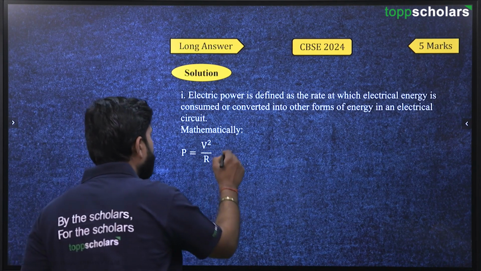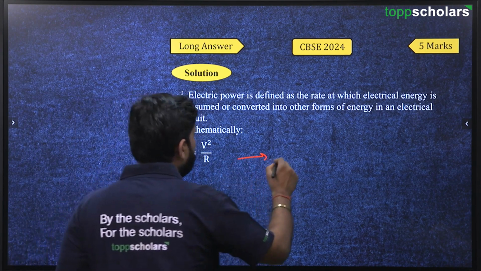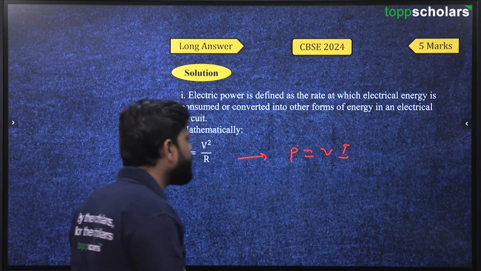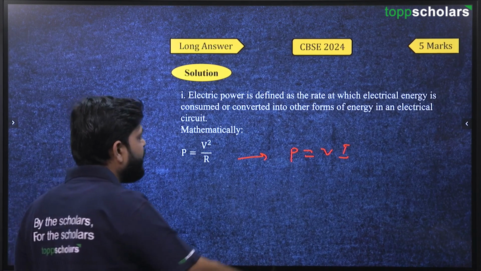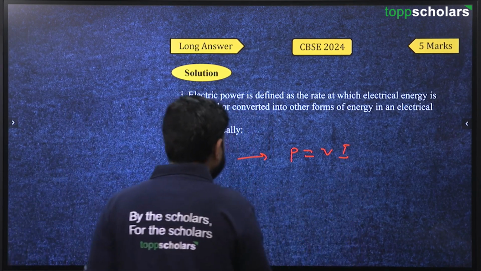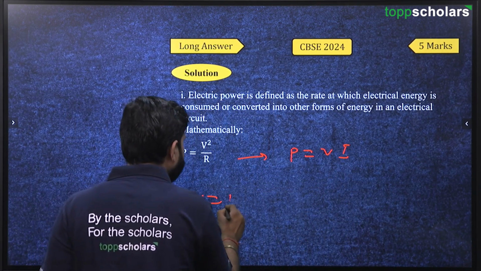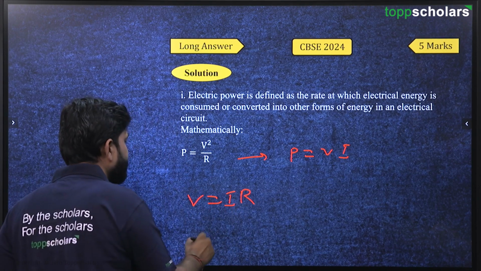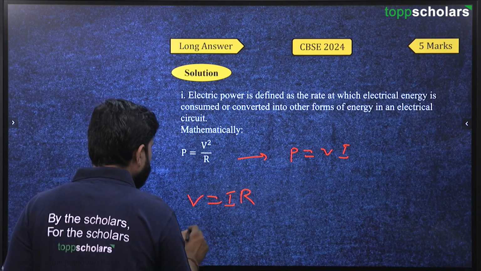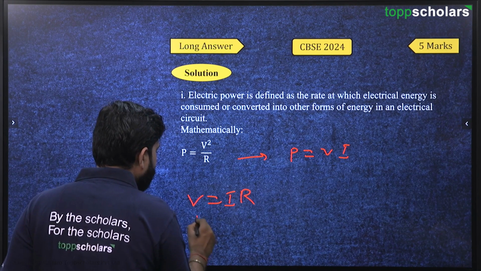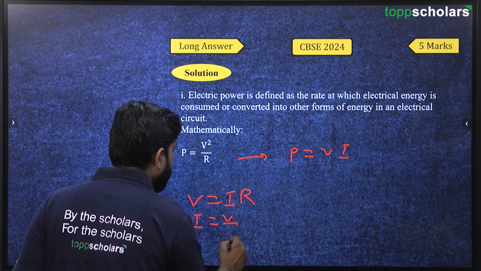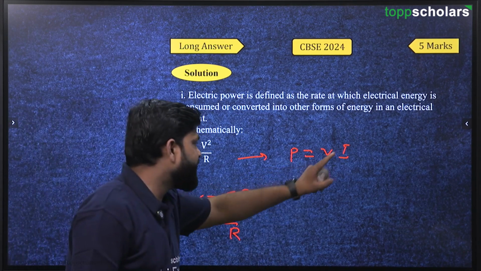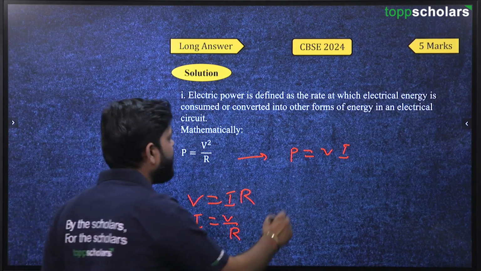Now we can also see that P equals VI, right? P equals VI. And if we convert this I, as we know that V equals IR, we can write I equals V upon R. So if we replace this I by V upon R, what we will get here?